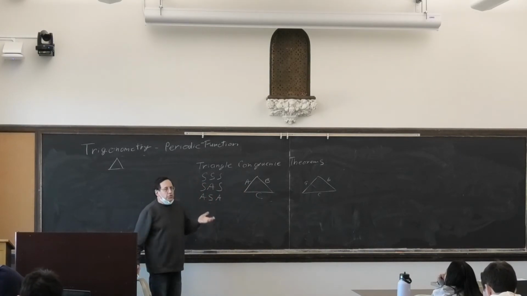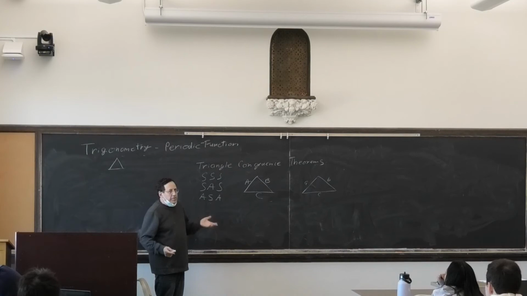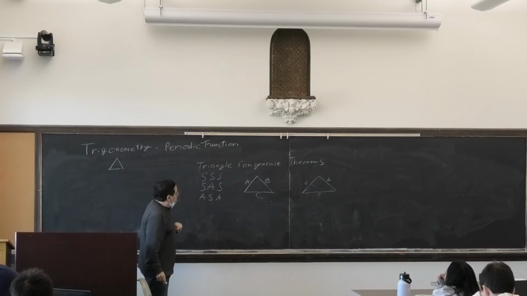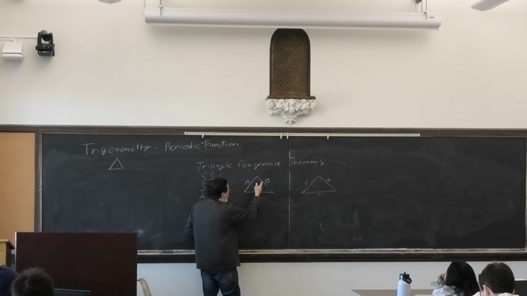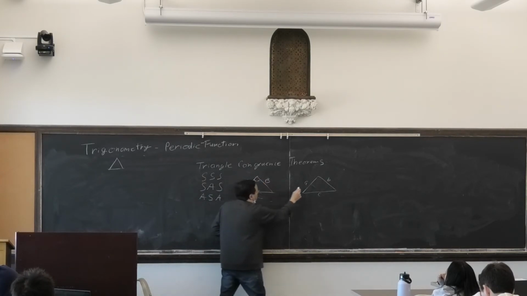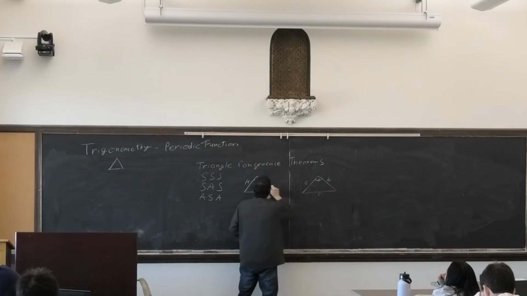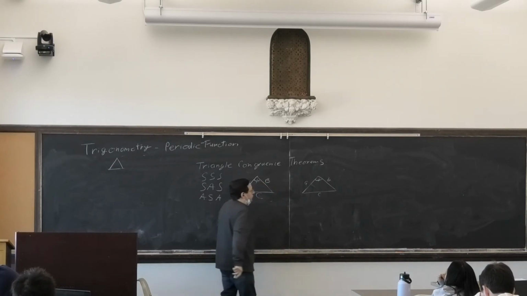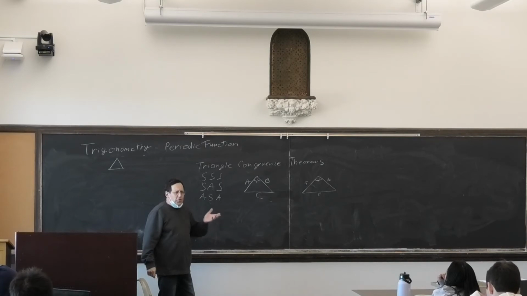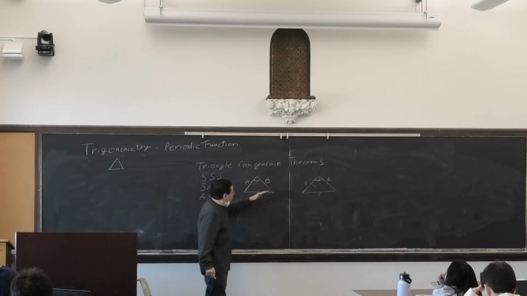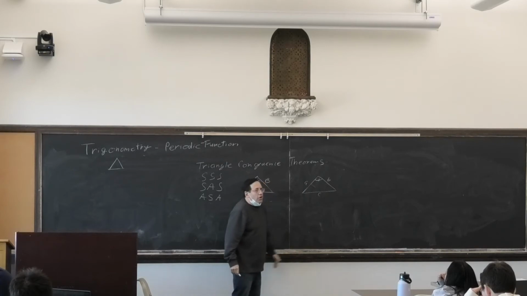It's a congruent triangle, has exactly the same dimensions. Side angle side says, if you have two sides, say A and B, and the angle between them is the same, again you have a congruence. As soon as you have a congruent triangle, you know that all the sides and all the angles are the same.